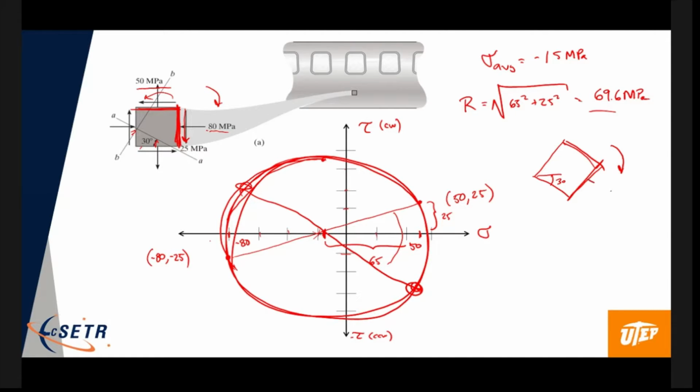This angle here is now 60 degrees, because we're rotating at negative 30 degrees. This would be sigma x prime, and this would be tau x prime y prime. So this point here has the values of sigma x prime and tau x prime y prime.